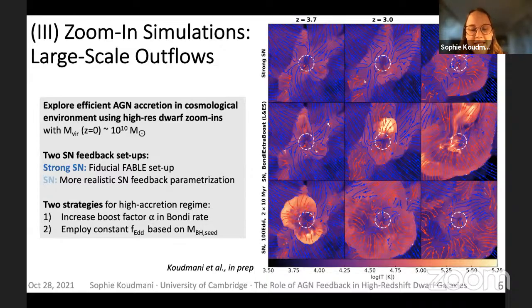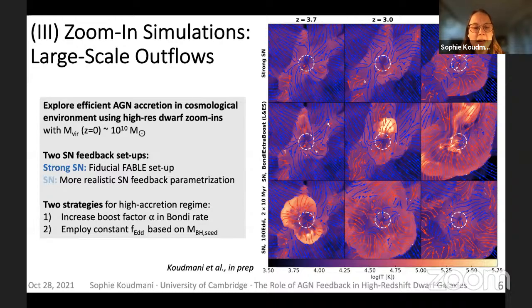So as I just discussed, the galaxy formation model has a crucial impact on the efficiency of AGN feedback at the low mass end. So I ran a suite of zoom-in simulations, which is currently still in progress, to explore this more systematically. These zoom-in simulations build on the Fable galaxy formation model. In fact, the first run that we've got here, the strong supernova feedback, is the fiducial Fable setup.